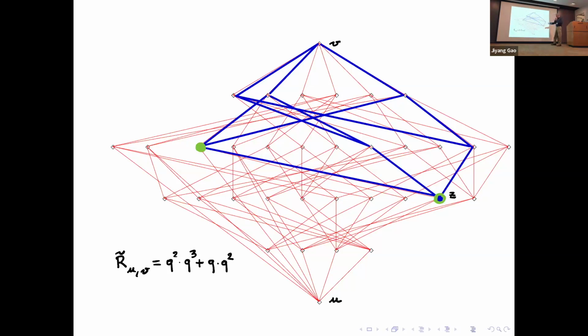And so now the formula says you should look at the distance between U and Z. It's 2 times the R tilde polynomial from Z to the top. It's a Boolean algebra of rank 3, it's q cubed. In this case, the distance is 1. So it's q, and then you multiply by the R tilde polynomial from that shortcut to the top, which is rank 2, is q squared. So that's our conjecture.